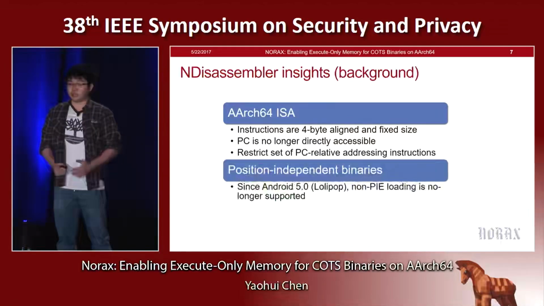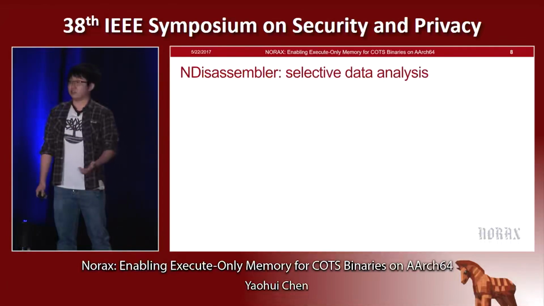This, combined with the fact that since Android 5.0, Google has removed non-PIE loading from the dynamic loader, means that if you have purchased your Android phone within the last 3 years, chances are that all the binaries inside the phone are position independent. So, bearing in mind these two observations, let's see how the disassembler works.